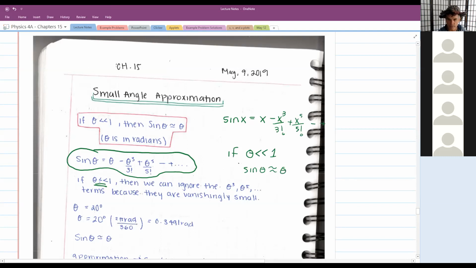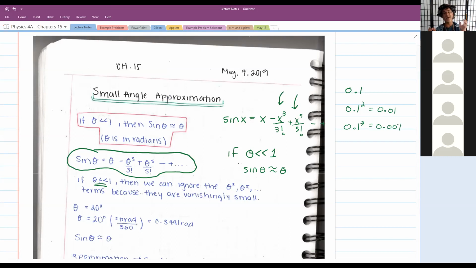The reason is that the x cubed term, the x to the 5th term, the x to the 7th term, the x to the 9th term, are going to be unbelievably small. Just for example, if I take a number like 0.1 and square it, 0.1 squared is 0.01. 0.1 cubed is 0.001, and I could just keep going.